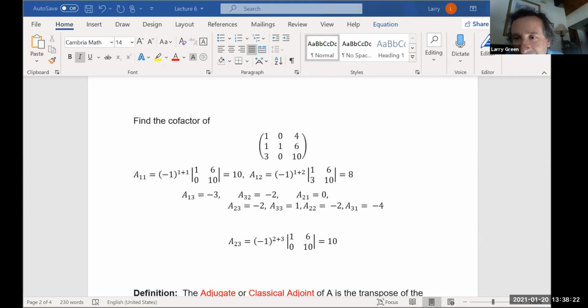Yeah, so let's look at this. Okay, so let's plug in what we get. And if you get rid of the second row, third column, we have a 1. Then we have a 0. And then we have a 3 and a 0.